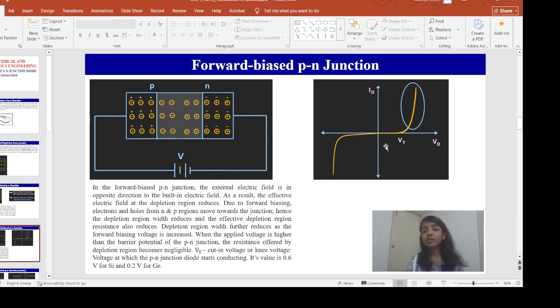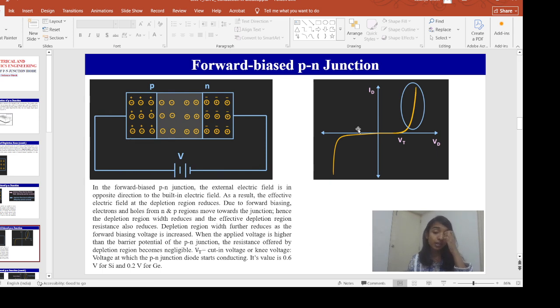First, when the external battery voltage is low, we are not getting any current, almost zero current. But when this cut-in voltage arrives, that means when this voltage is higher than the barrier potential, the resistance offered by this region becomes negligible.